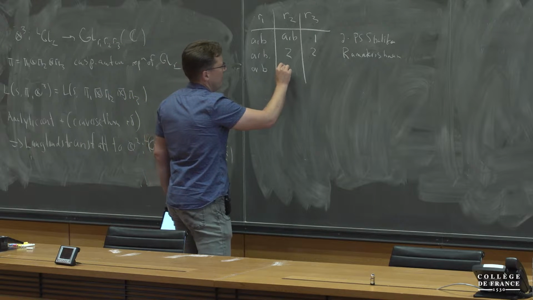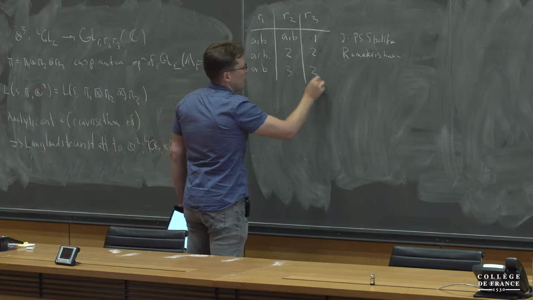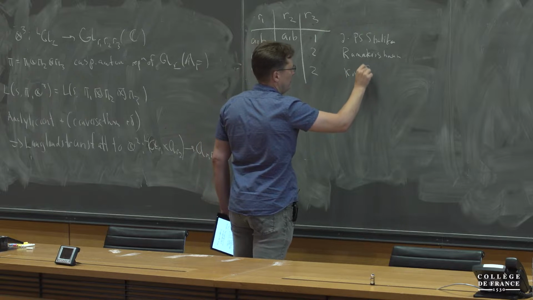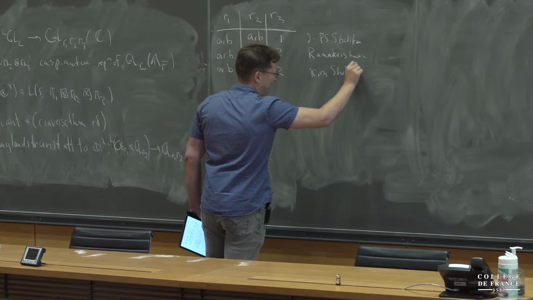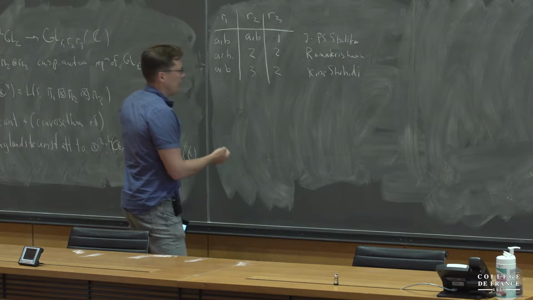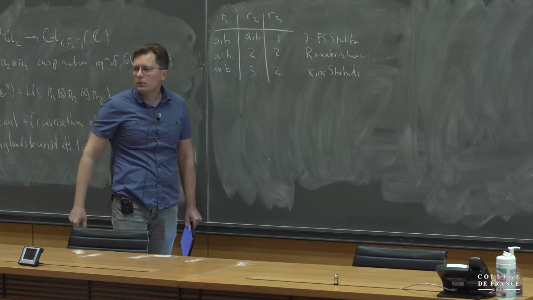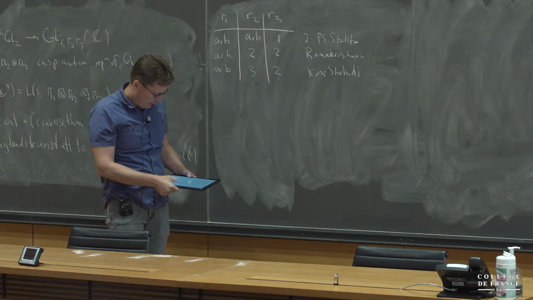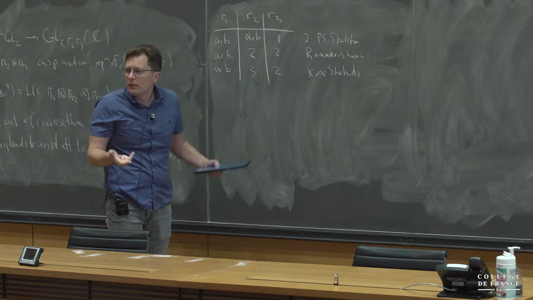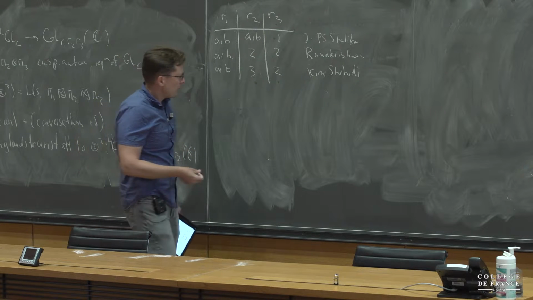And then for 3 and 2, this is Kim-Shahidi. And again, they established the automorphy of the tensor product of a representation of GL3 and GL2, and so then you can apply Rankin-Selberg theory. Okay, and that's it. That's all we know.